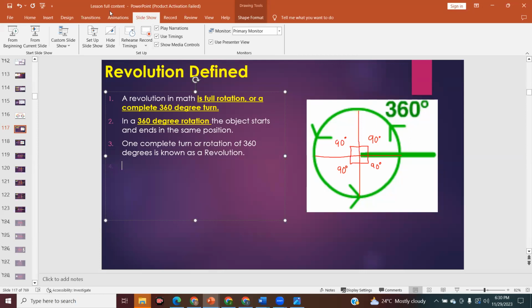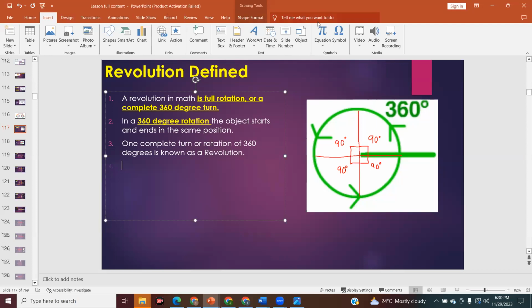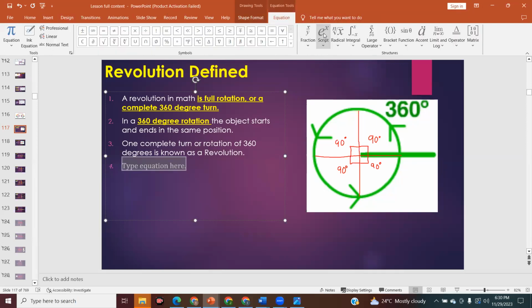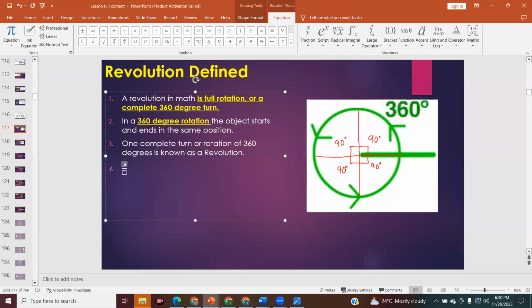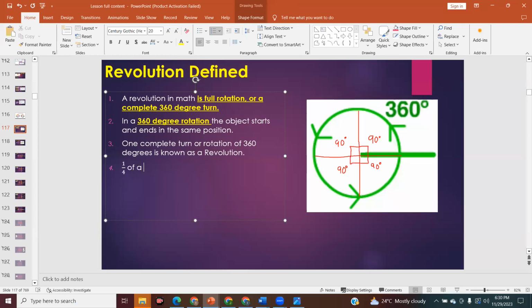So what that means is that if we want to find out what is 1/4 of a revolution, right? 1/4 of a revolution is what? It's 90 degrees. Okay. So 1/4 of a revolution is 90 degrees.